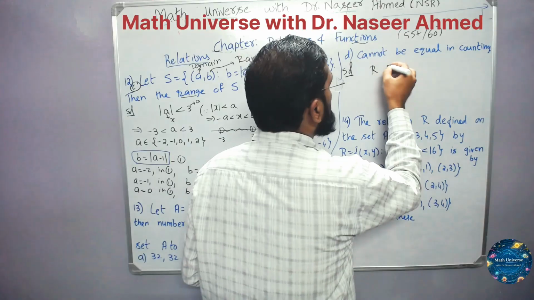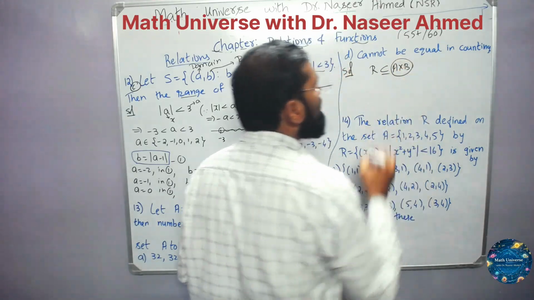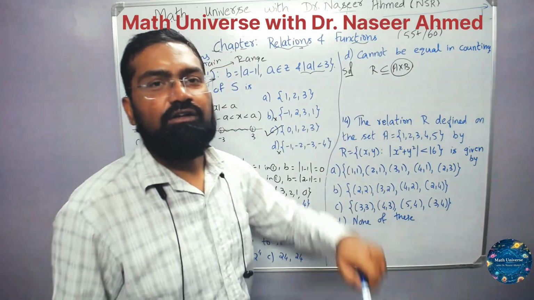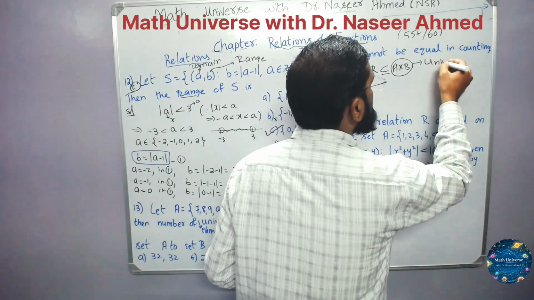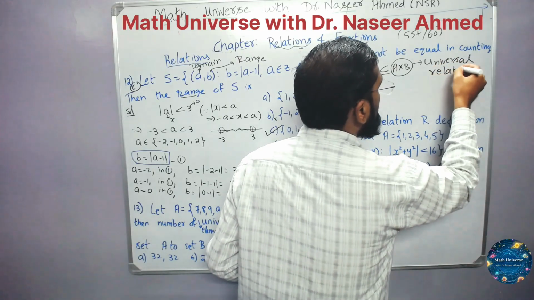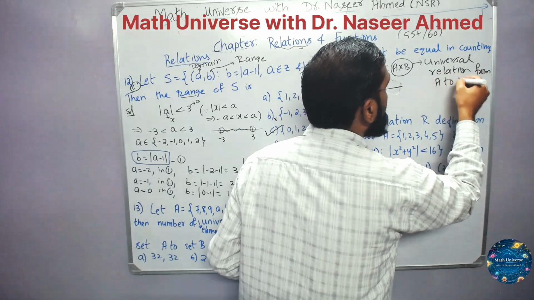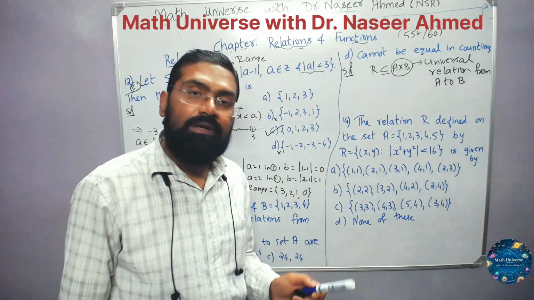A relation R is a subset of A cross B. So it means that A cross B will be our universal relation because all relations will be subsets of A cross B. So A cross B will be a universal relation from A to B. If I write B cross A, it is a universal relation from B to A.